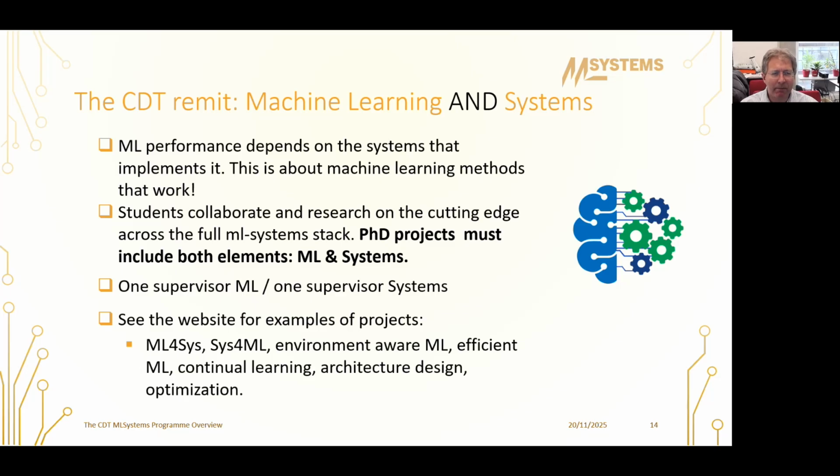But what we expect them to do is develop their machine learning methods, aware of how those methods are going to need to be implemented in real world settings and considering the interaction of those, or develop their computer systems methods, understanding that a lot of these are being used at the moment for deploying of machine learning and AI tools, or that there are ML tools that are available to help make the computer systems methods better.